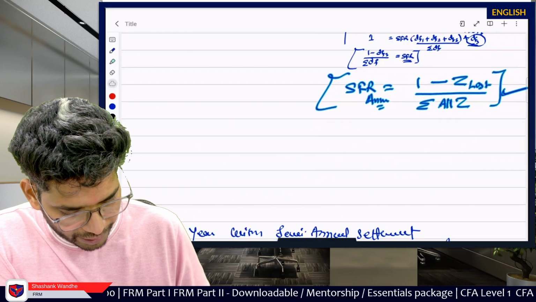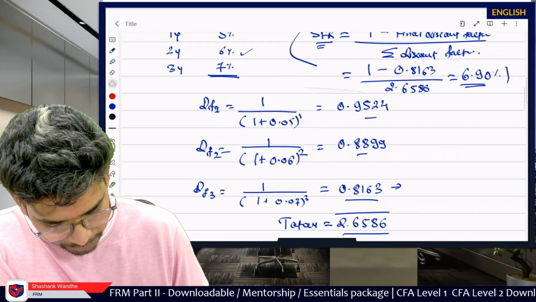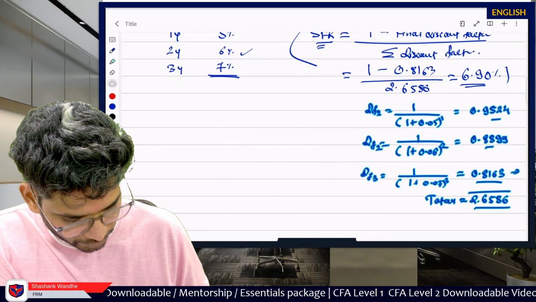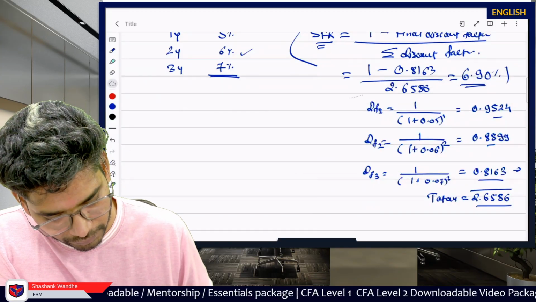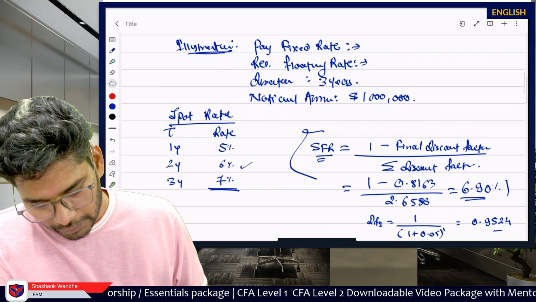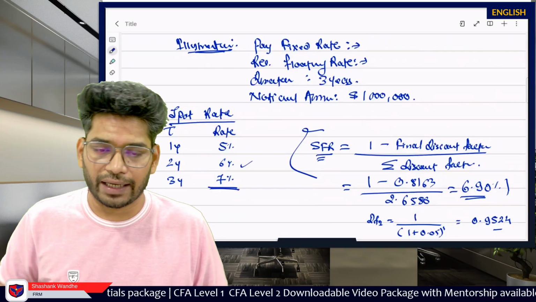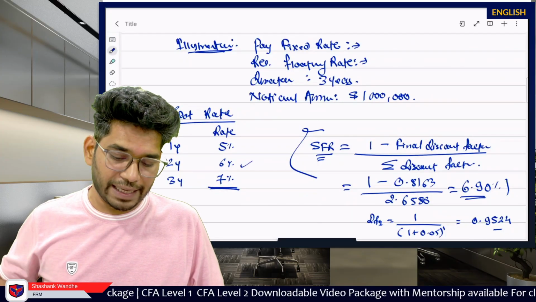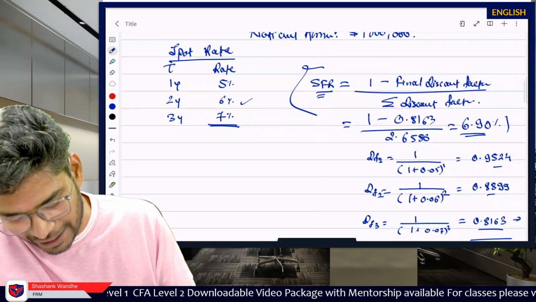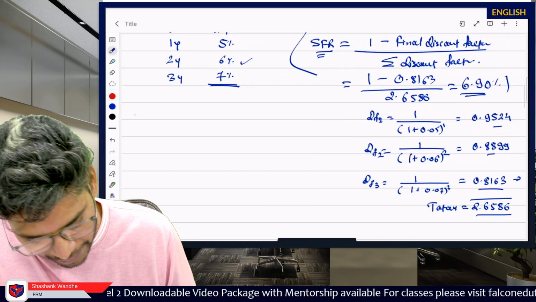So I'm setting it aside, and fine. So this was the first part, how to calculate the SFR. This is the method using which you can calculate the SFR. So for you, as I said, you have to just remember the formula. Then next part. In the next part, we will see the settlement, fixed payment.